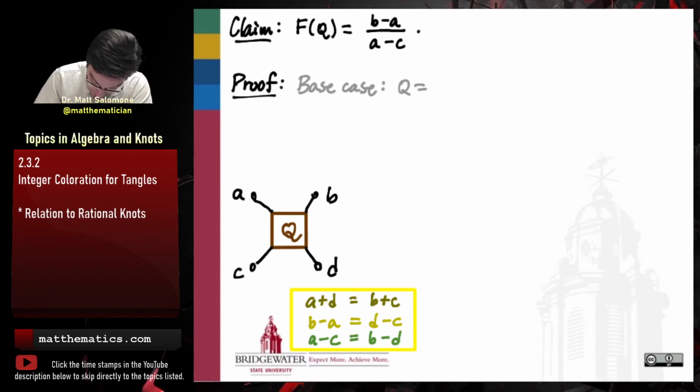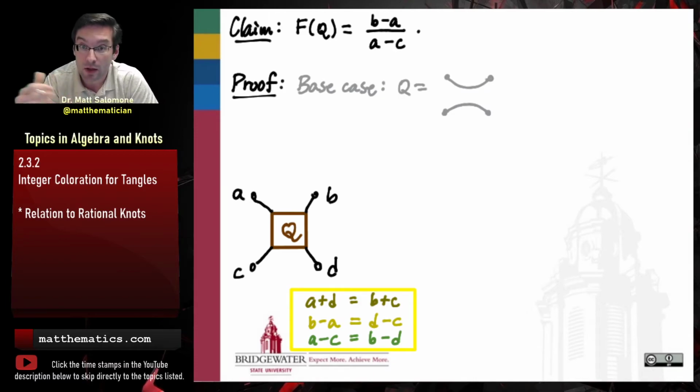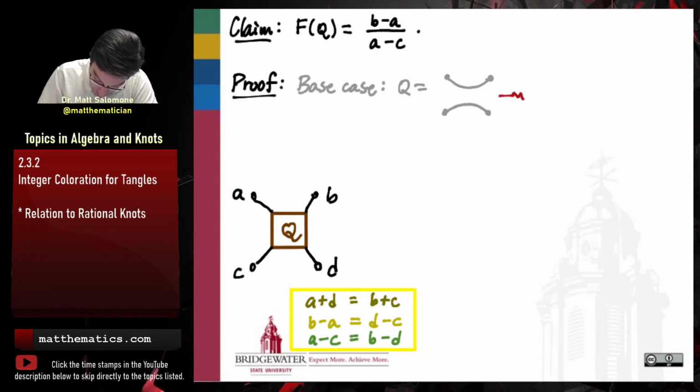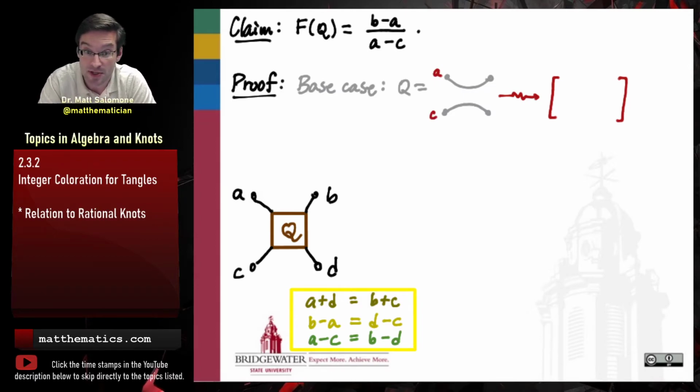When Q is my empty tangle, which, remember, is just a pair of horizontal attachment strands like this, let's think about what a coloration for this empty tangle would look like. What must be true for any coloration matrix of the empty tangle? No matter what numbers I start with, let's say I put an A over here and a C over here to get my coloration started.